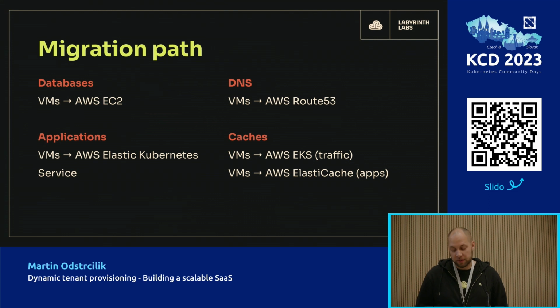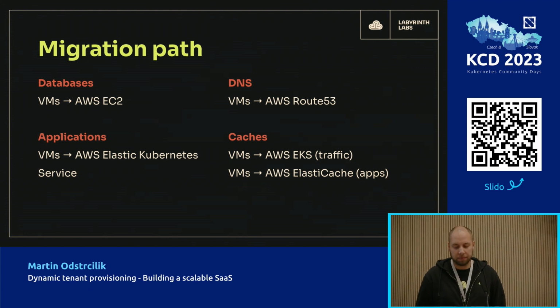And this was one of the more interesting aspects of that migration, because with thousands of tenants, if you create an individual zone for each tenant, that comes with a price. So we were looking at the option to put every tenant's records into a single DNS zone, which is basically fine from the Route 53 perspective, which can scale like hell.